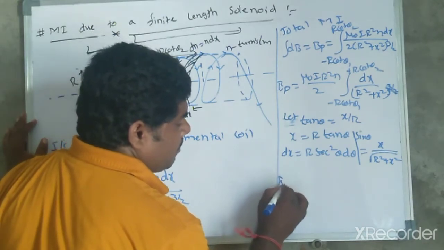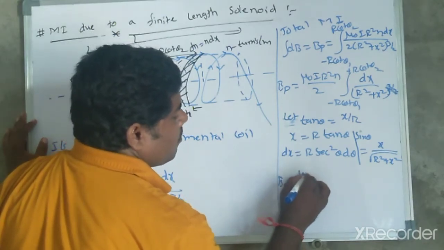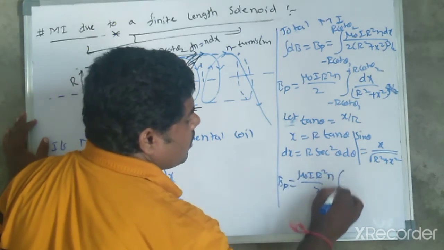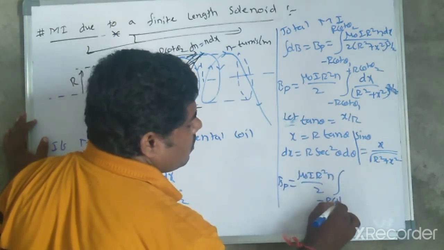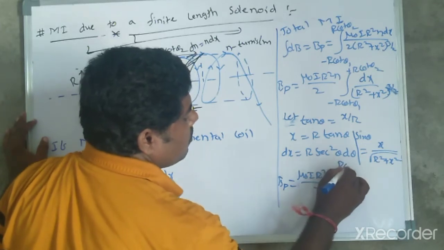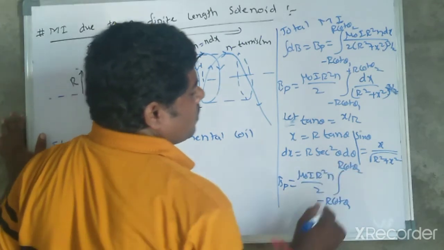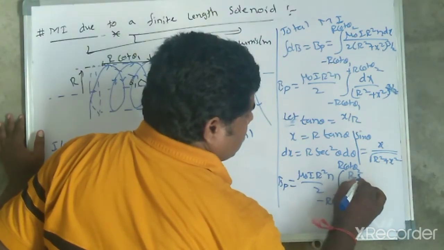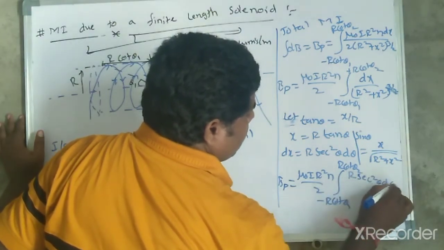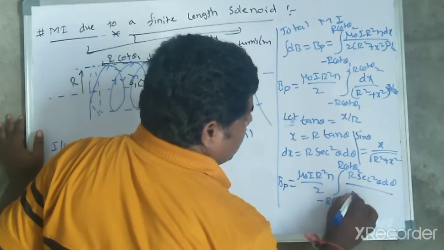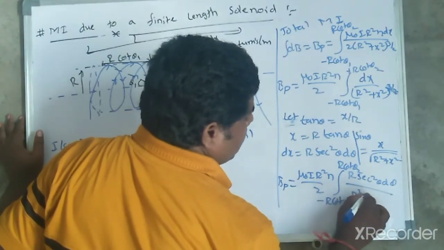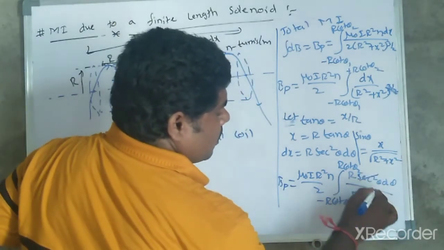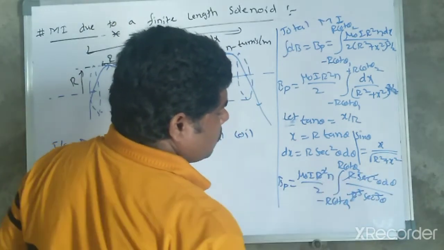So BP is equal to mu naught I r square n divided by 2, integral from minus r cot theta 1 to r cot theta 2, with dx equal to r secant square theta d theta, divided by r cube secant cube theta. The secant square cancels, and r cube also cancels.